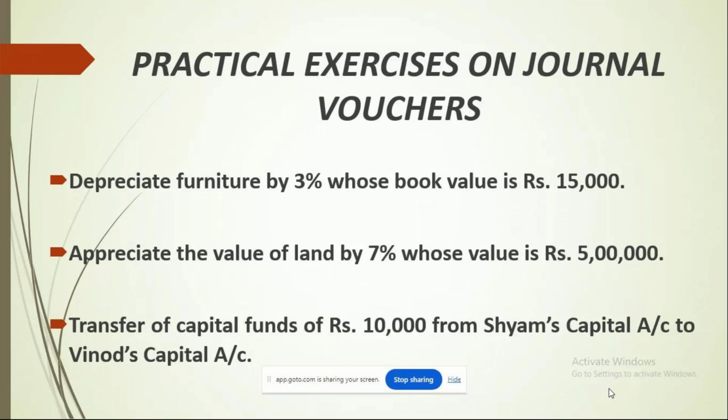The first one says we have to calculate depreciation on furniture, and the rate of depreciation is 3%, whose book value is 15,000. Now, book value, cost price, purchase cost, carrying amount, all have the same meaning. So the value of the furniture is 15,000, on which we have to calculate the depreciation.